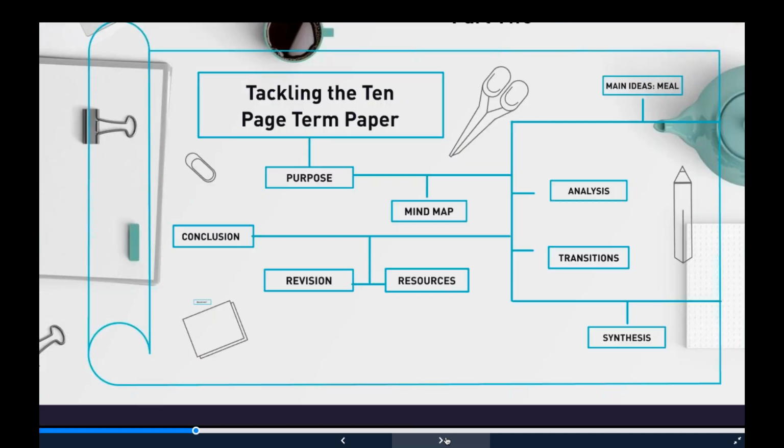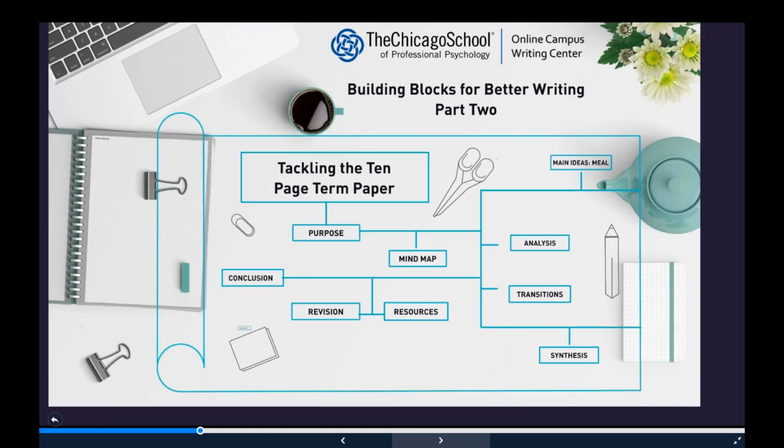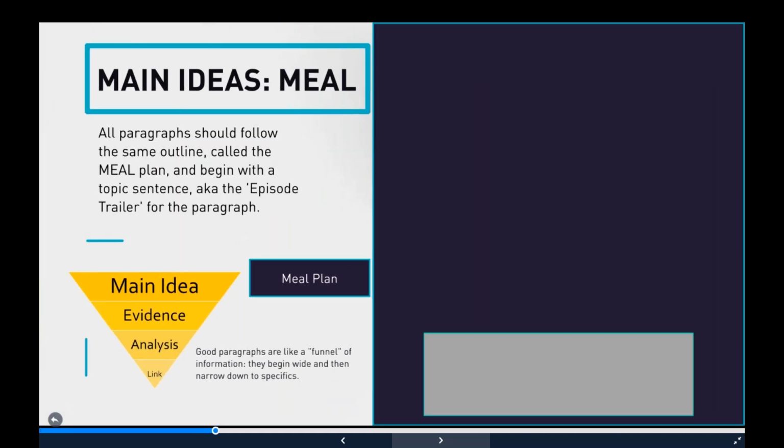Moving forward, once you have a thesis and a mind map and an outline, you're ready to start your actual main ideas. Now we're going to form those paragraphs based on the outline. All paragraphs should follow the same outline. We call them a meal plan. That stands for main idea, evidence, analysis, and a link to the next idea.